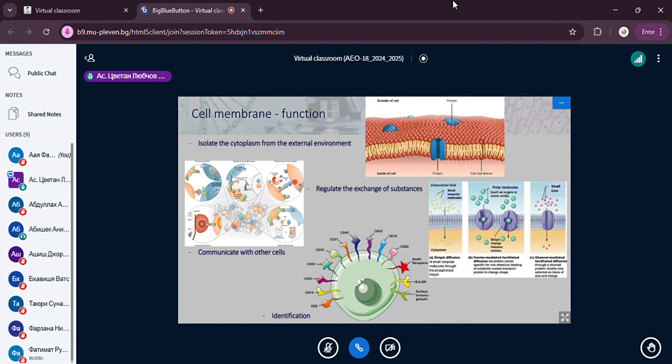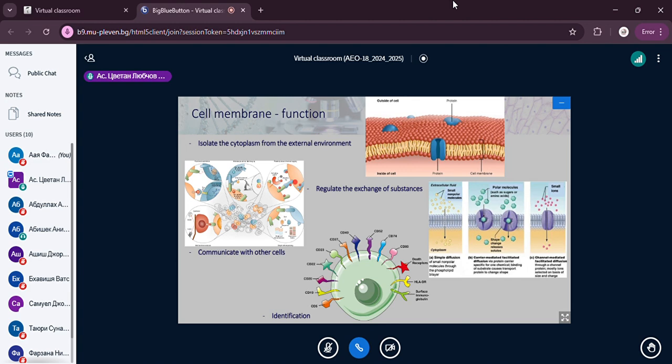Therefore, the cells have a special ability to allow specific things to go in and to go out. This means that it's a unique environment which can highly differ from the outside environment. This is due to the fact that cells regulate what goes in and what goes out. This is one of the features.